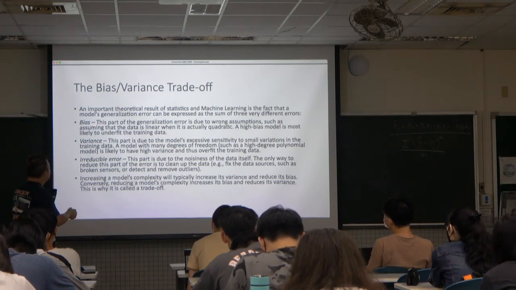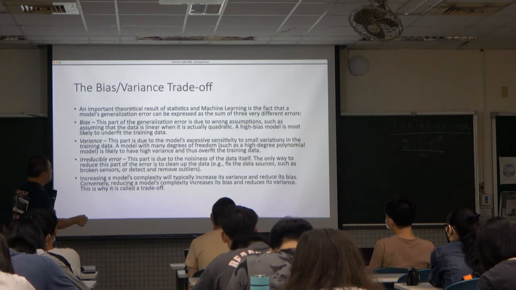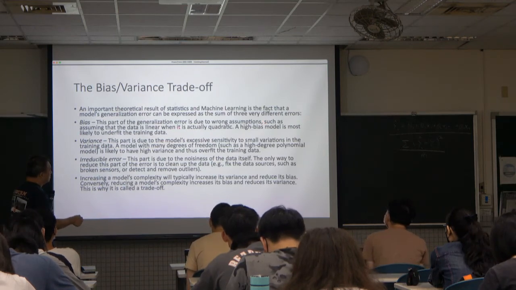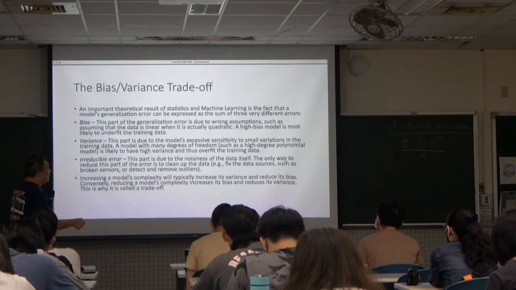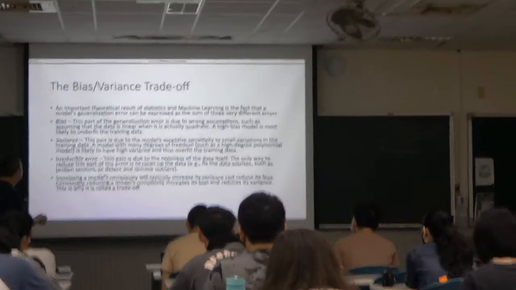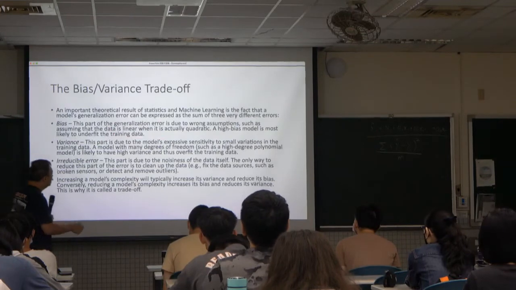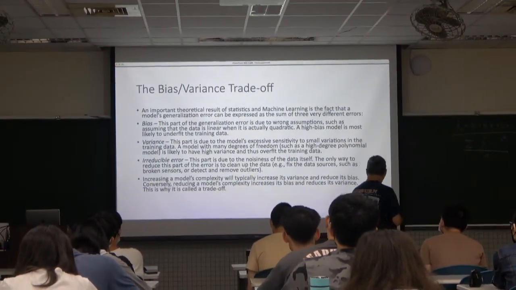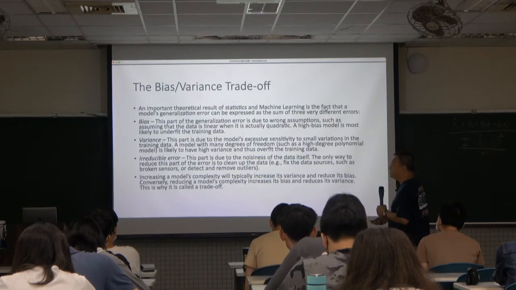This part of the generalization error is due to wrong assumptions, such as assuming the data is linear when it's actually quadratic. A high bias model is most likely to underfit the training data.